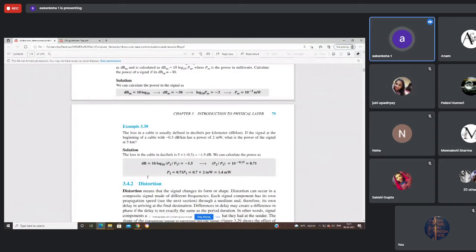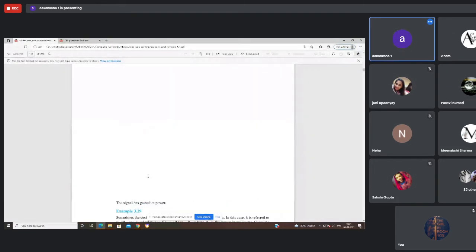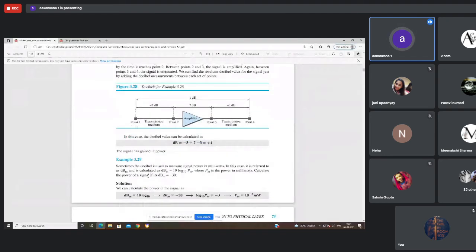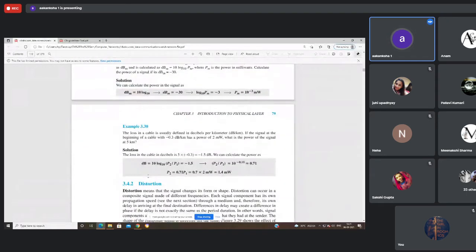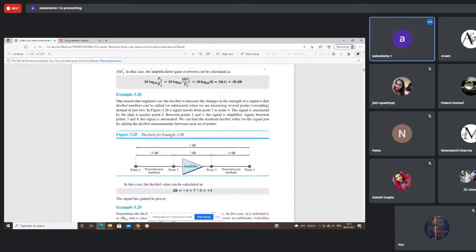So these are just computations of log. You can just go through examples 3.28, 3.29, and 3.30. And if you want me to discuss now, I can discuss it right now. What do you say? Should I discuss it now? It'll take 2 or 3 minutes. Yes, ma'am, sure, ma'am. Okay, I'll discuss.